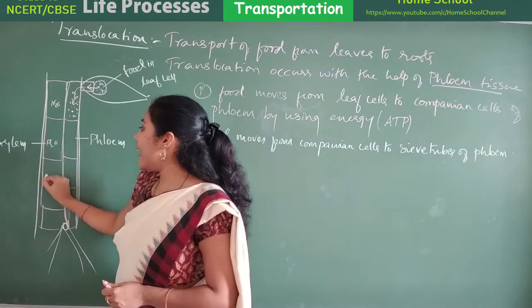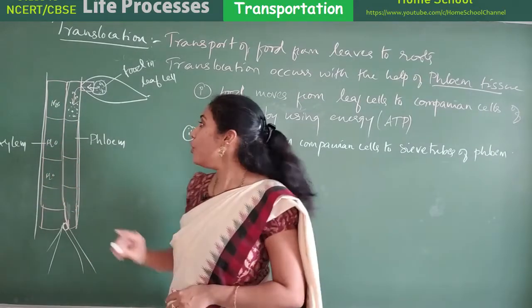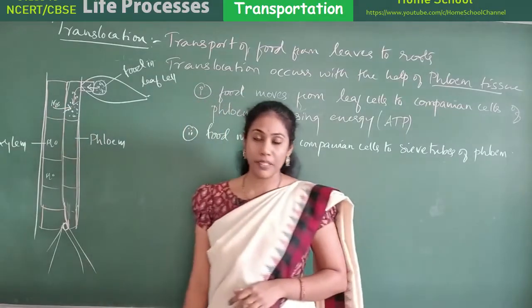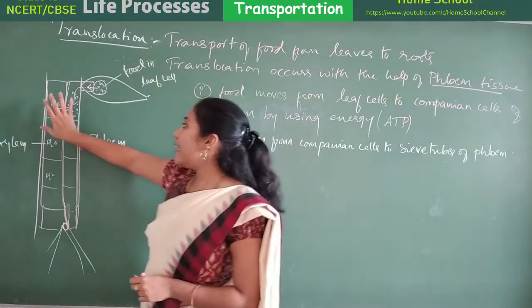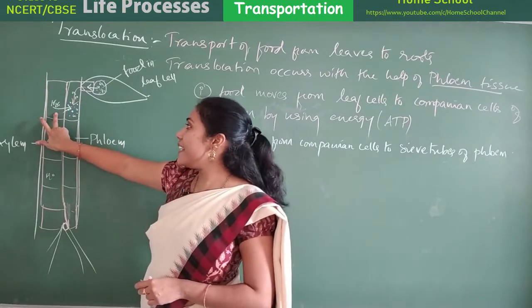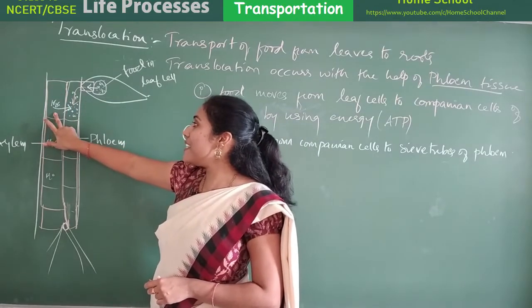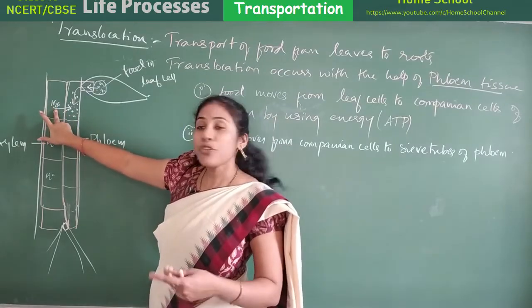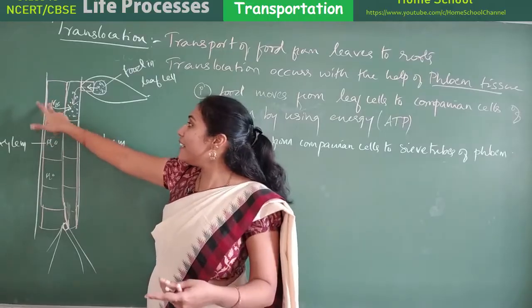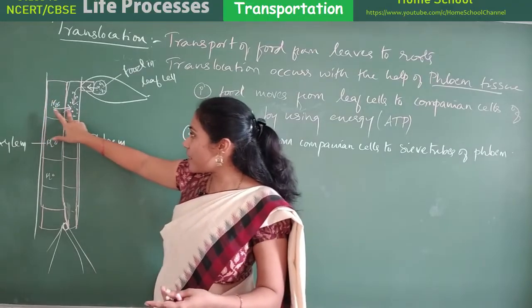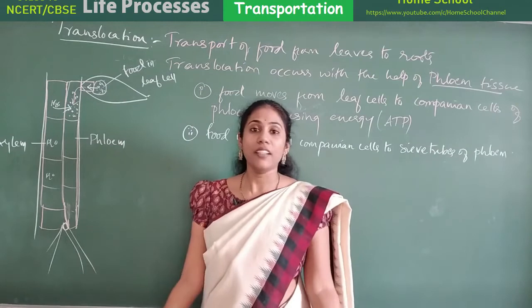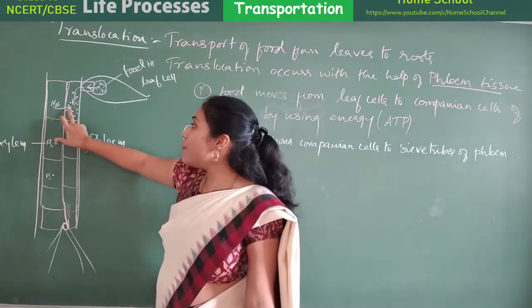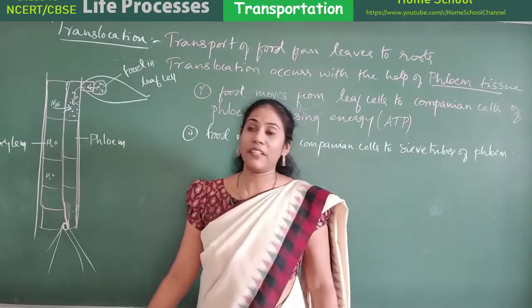So xylem will have some amount of water in its tissue. Water also moves from xylem to phloem here. The higher amount of water is there in the xylem, and the xylem cell is connected with the phloem cell. Water amount is more here, so water always moves from higher concentration area to lower concentration area by osmosis, isn't it? So that's the reason water also will move from xylem to phloem here, right?